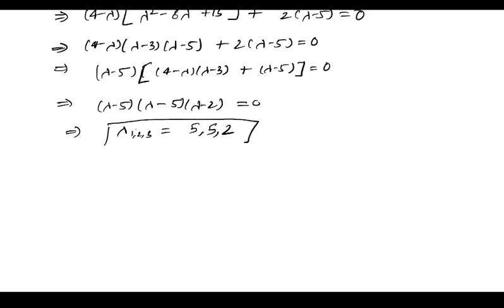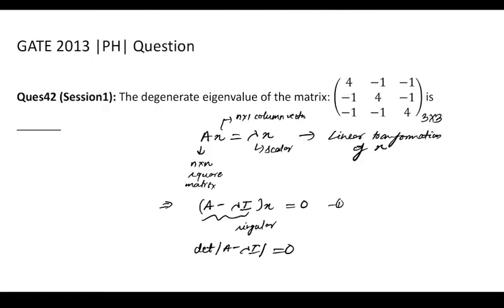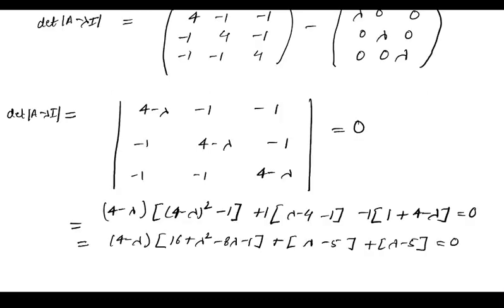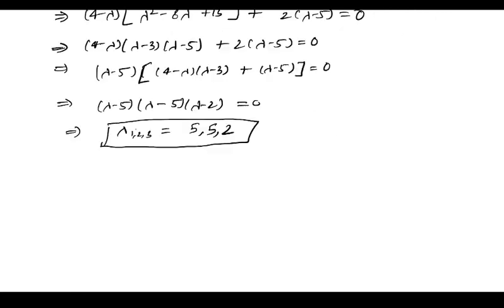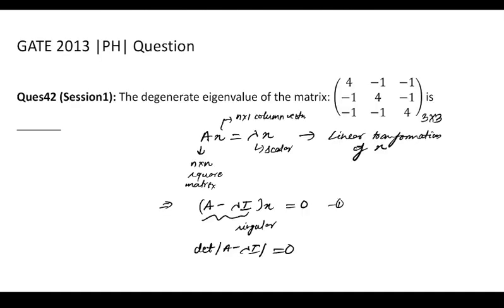So we've got 3 eigenvalues of this 3 cross 3 matrix A, and we have to find the degenerate eigenvalue.